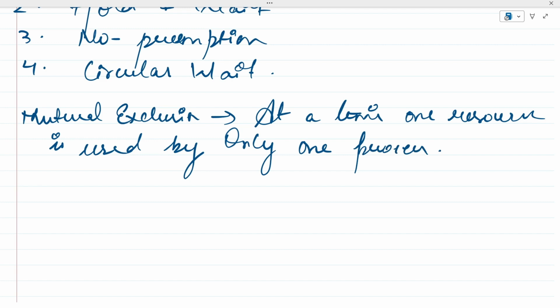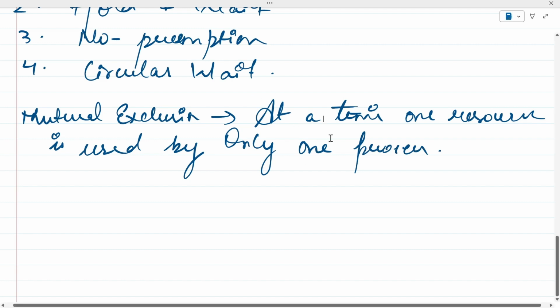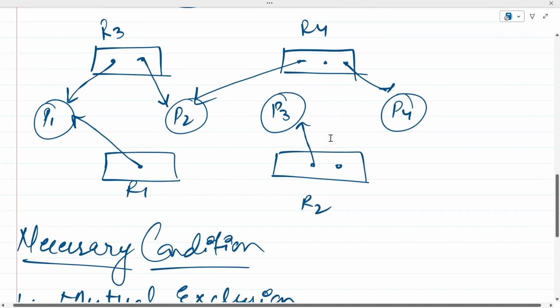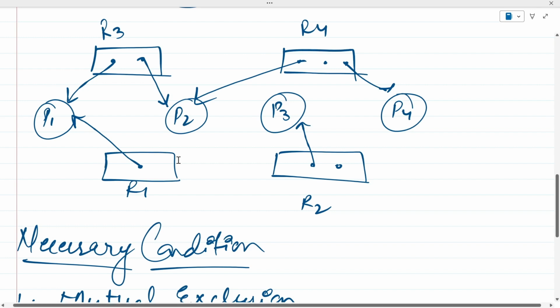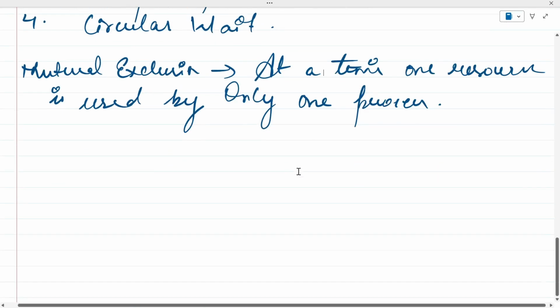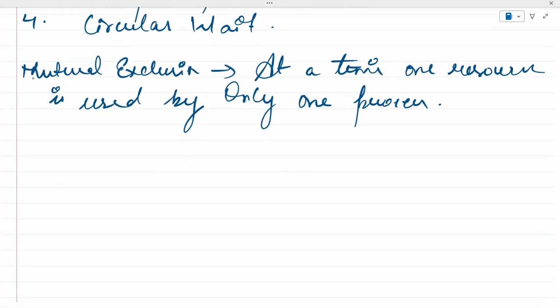It means you cannot assign a single process to so many resources. In this case, you can see that R3 is assigned to P2 and R4 is also assigned to P2, so here mutual exclusion has failed. Mutual exclusion says that at a time, one resource is allocated to one process. I hope you understand mutual exclusion.